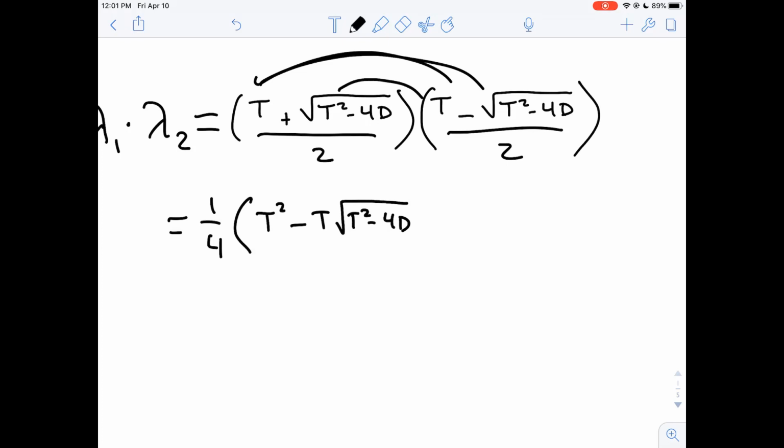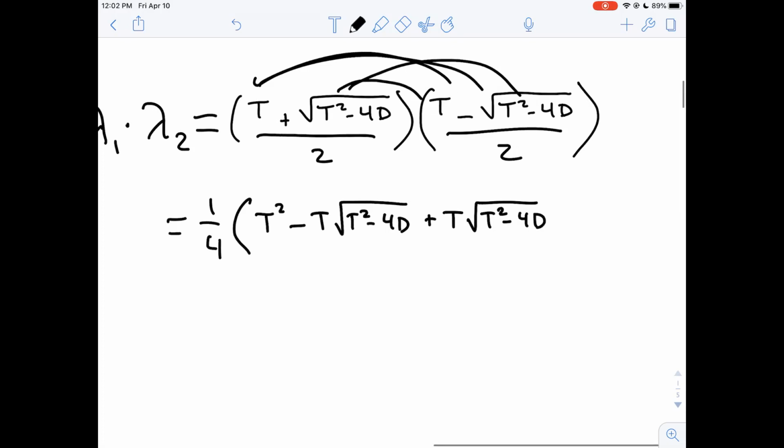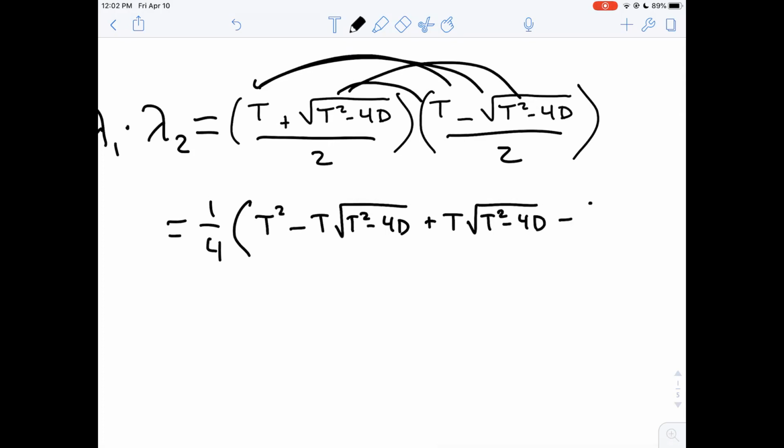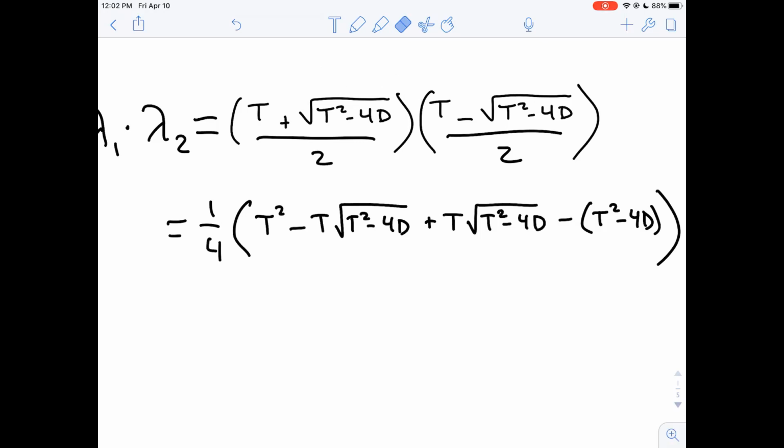That gives me the same term here, but positive, so plus t, the trace, times the radical of t squared minus 4d. And then when I multiply the two radicals, one's plus, one's minus, so we get minus, and then the radicals cancel. Don't forget these parentheses. And this is the result of FOILing those two expressions.